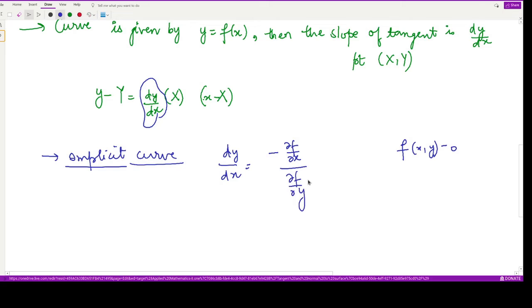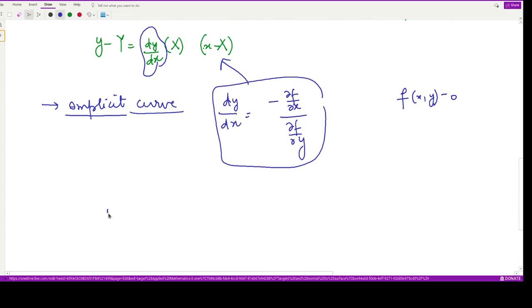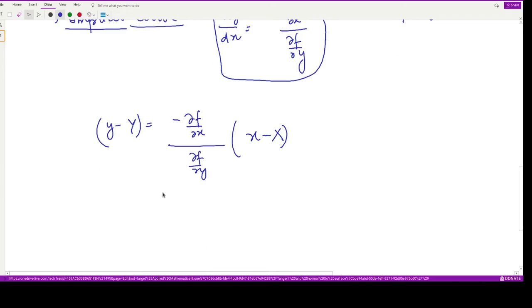So if I use this value in this equation, I get y minus capital Y is equal to minus del f by del x divided by del f by del y multiplied by x minus capital X. You could simplify this by shifting this term to the left-hand side.